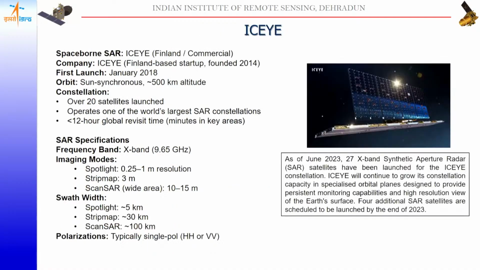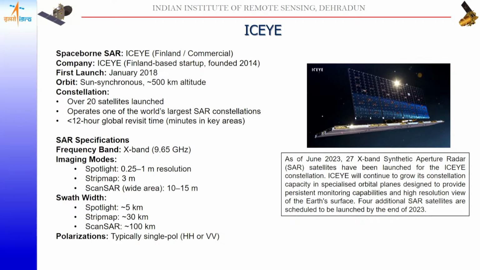Another expand satellite is the ISI satellite. It was launched in 2018, and the major application is ocean and ice studies for different applications, and it also has a constellation.